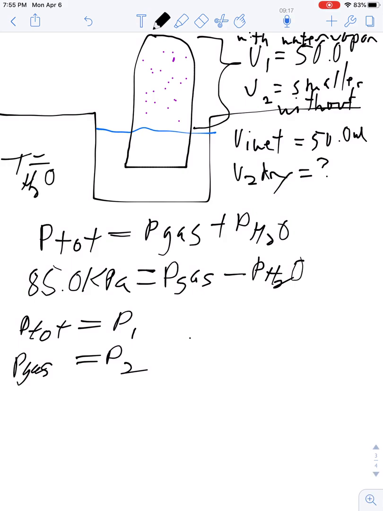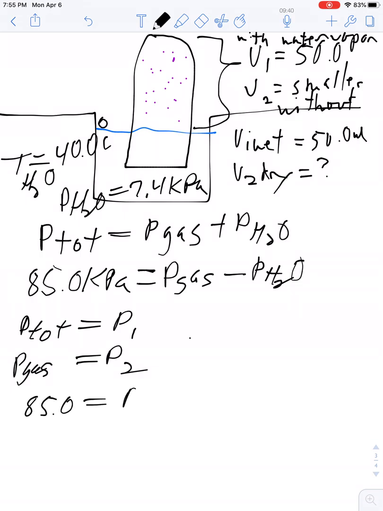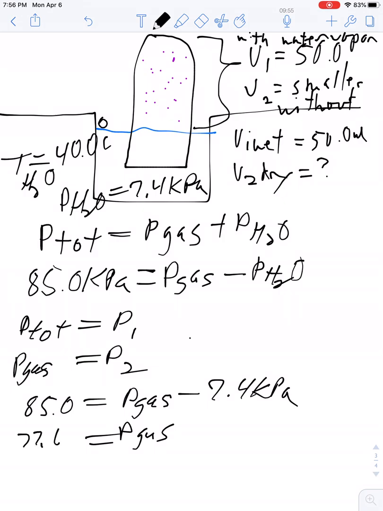So the temperature of the water is going to be, let's just do 40 degrees Celsius. At 40 degrees Celsius, the pressure of the water is 7.4 kPa. All right? So to find my pressure of the gas, I'm going to take 85 minus the water vapor pressure. And so the pressure of my gas is going to be 85 minus 7.4. Okay? That's my P2.